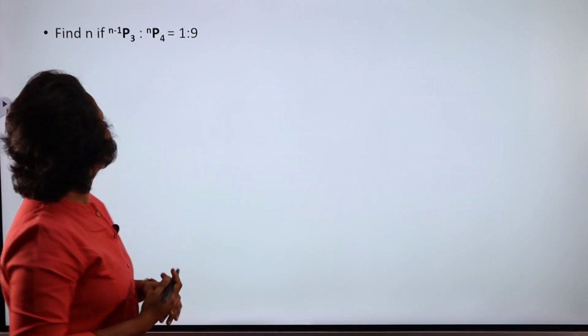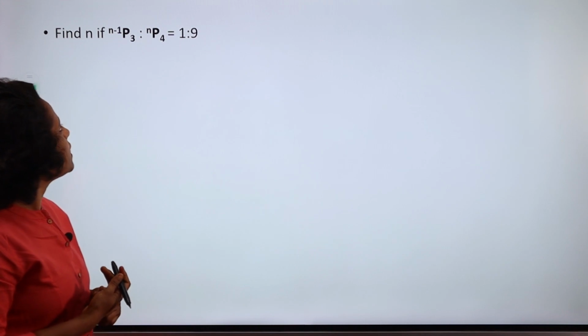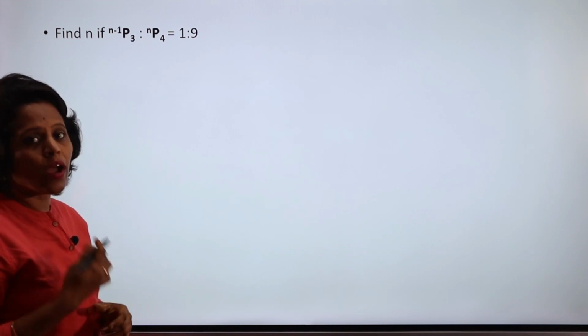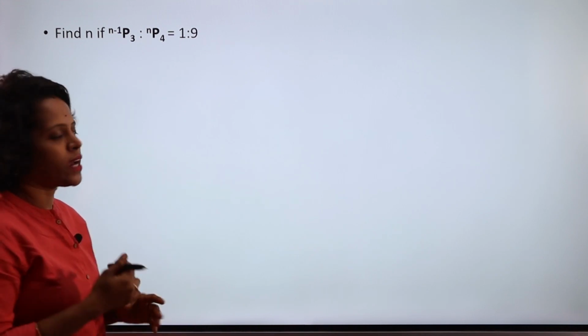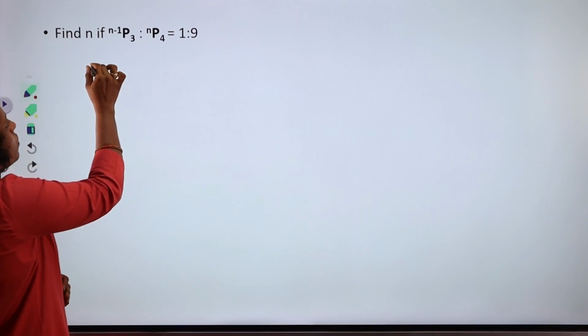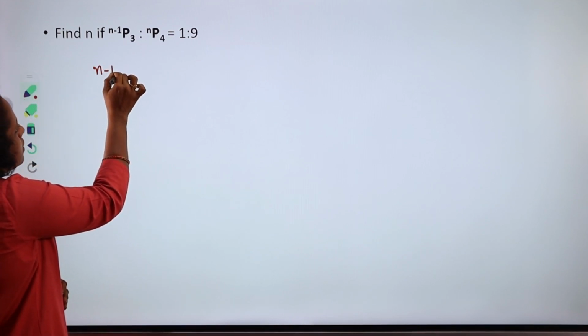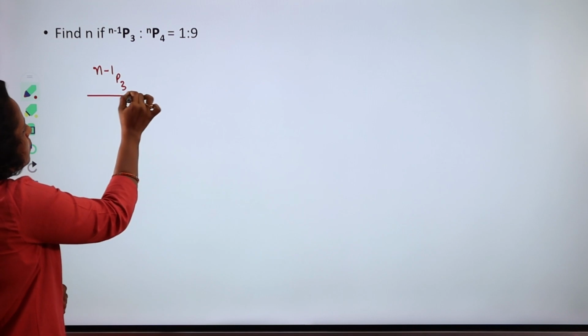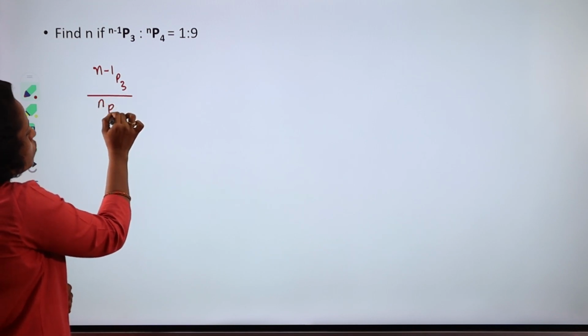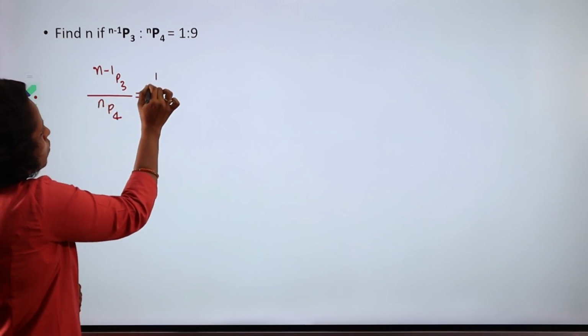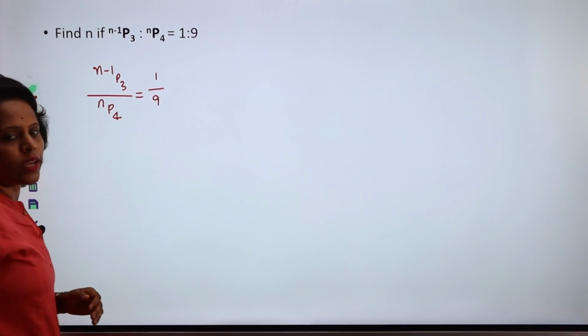The next question on the screen, find n if n minus 1 p3 is to n p4 is equal to 1 is to 9. Now, what I am doing, n minus 1 p3 divided by n p4 is equal to 1 by 9. I can write it this way, right?